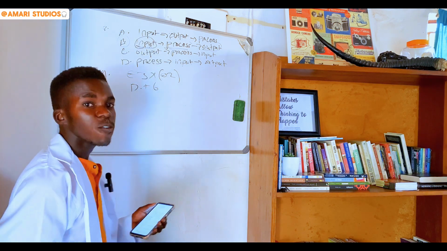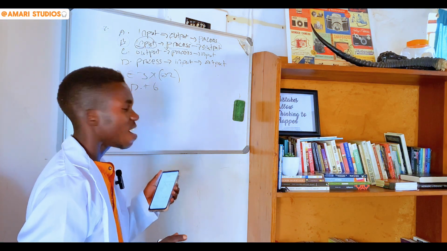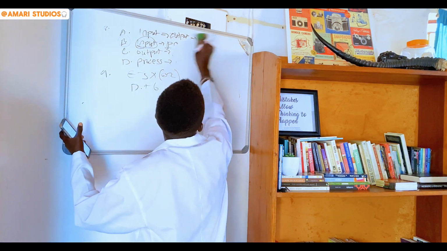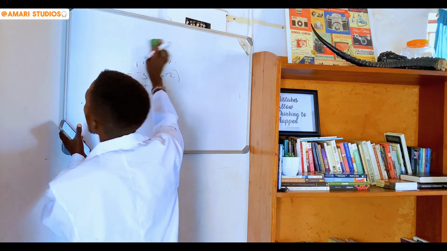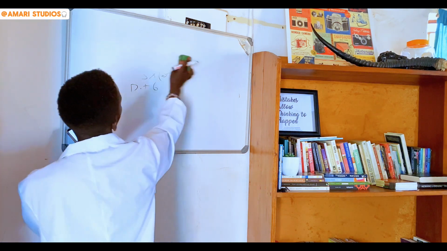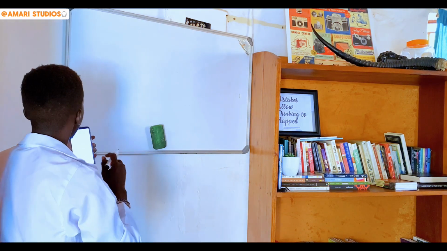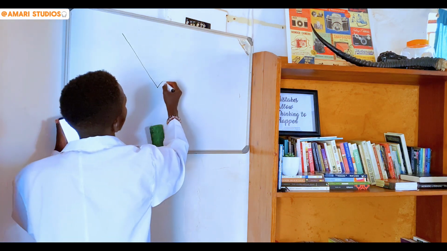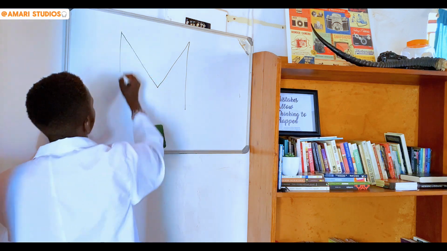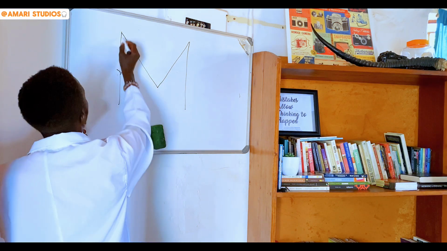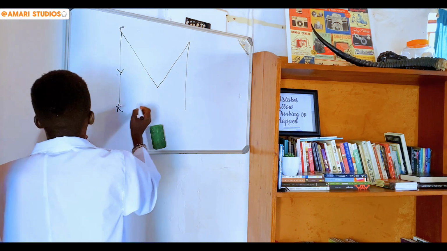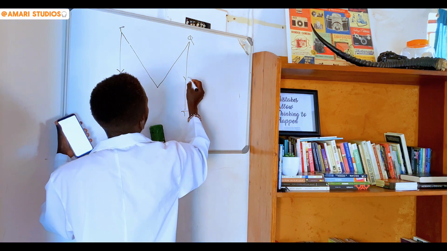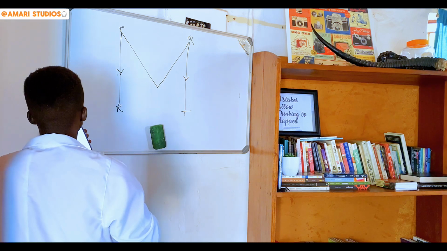And now, one of my favorite questions in this past paper is angles. I love angles because at some point, they always challenge me to think a little bit more. So now, the next question says, in the following diagram, so this is the diagram that we have been given, we have PR, which is parallel to QT.